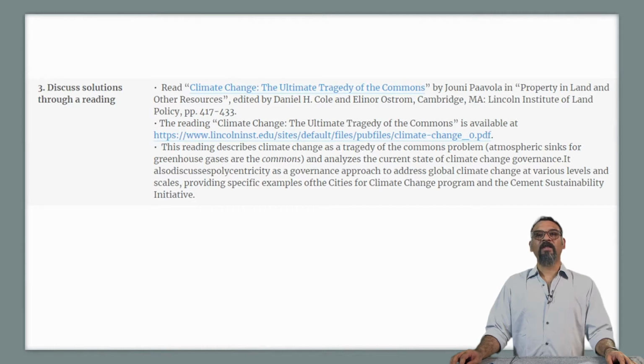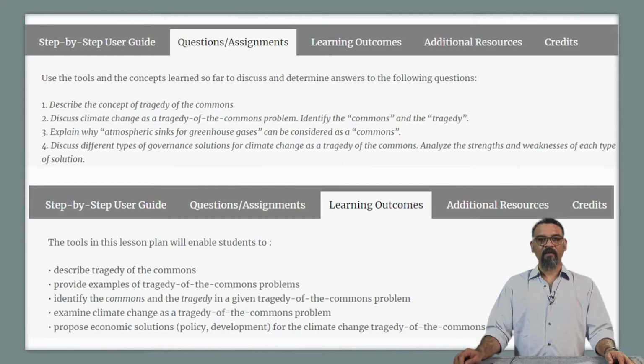It also discusses polycentricity as a governance approach to address global climate change at various levels and scales. It provides specific examples of the Cities for Climate Change program and the Cement Sustainability Initiative. Further information about this tool is provided in the link of this lesson plan.